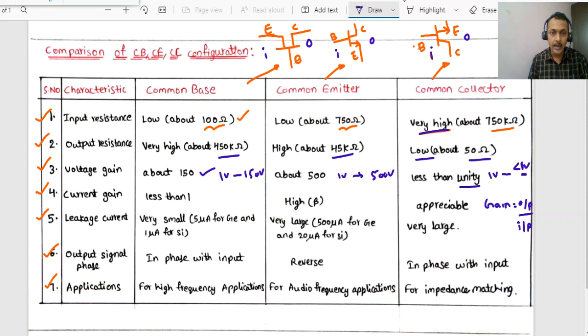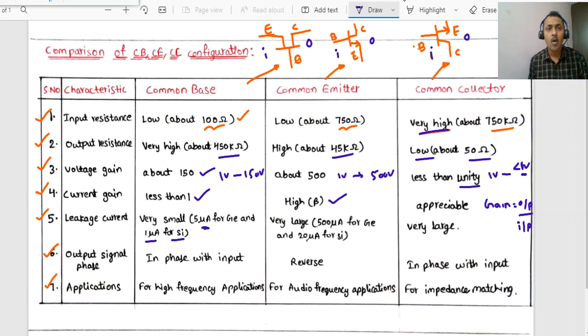Similarly, current gain: in common base the value is less than 1. In common emitter mode, the gain is high, the output current will be more. But in common collector, it is simply an appreciable value. Leakage current: in common base it is very small. The leakage current will be just in the order of microamperes if it is germanium, and if it is silicon, it will be around 1 microampere.